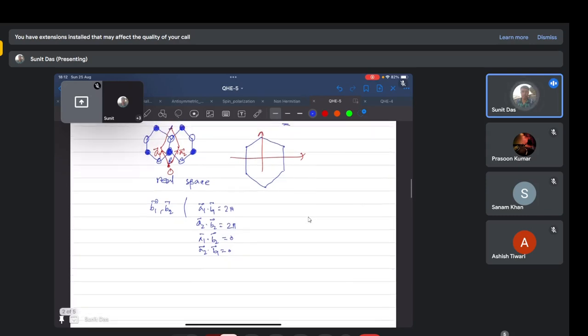B1 and B2 are the reciprocal lattice vectors. So we have something like this, which should be a symmetric structure.